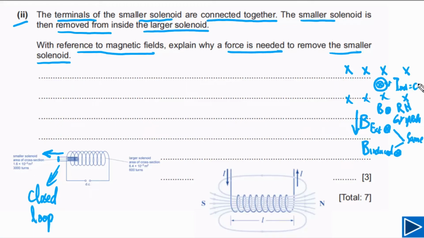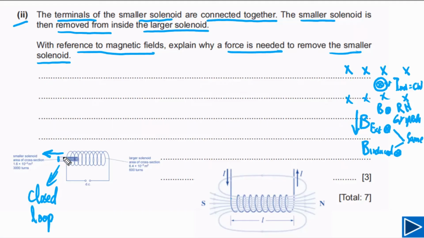So this is clockwise. Now if you look at the setup of larger solenoid and smaller solenoid, we can simply understand that as we move this smaller solenoid out of the larger solenoid, magnetic flux inside the smaller solenoid will change. As the magnetic flux changes, there will be induced EMF. But this is a closed loop, so there will be induced current as well.